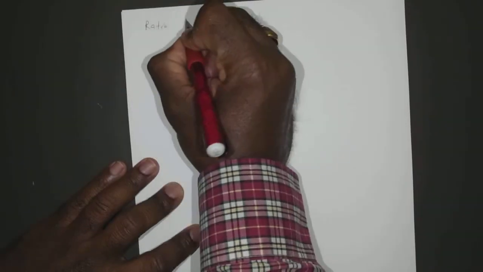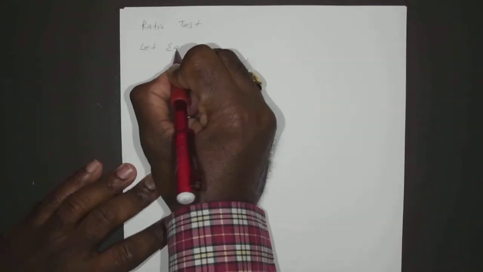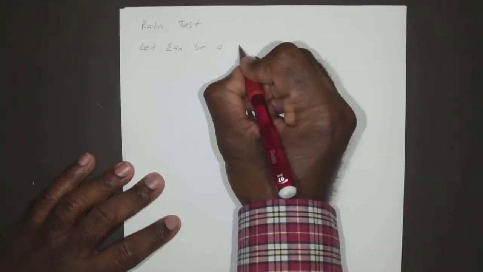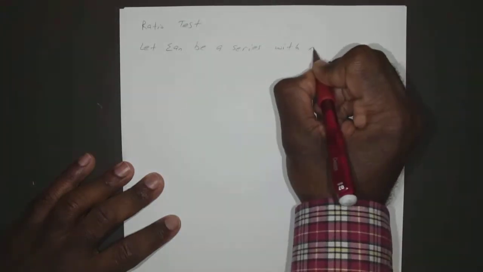Okay, so now we're going to use the ratio test. Let's say we let a series, and we'll leave the starting index blank because I don't know if it's starting from 1 or 0, be a series with non-zero terms.